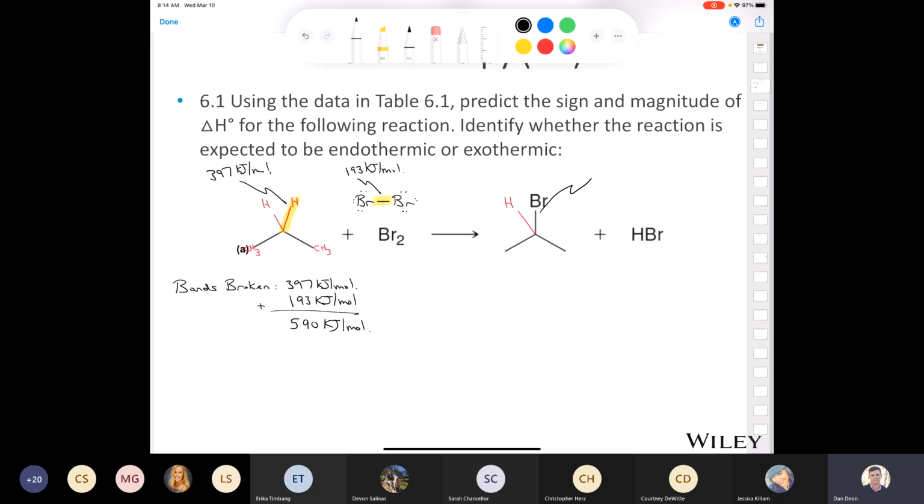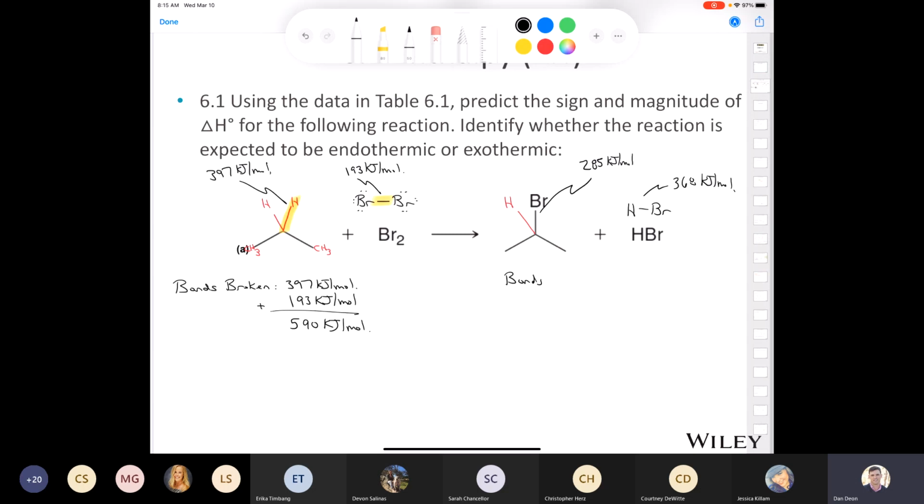It's 285 kilojoules per mole. And then the amount of energy required to break an HBr bond, which is also in the table, is 368 kilojoules per mole. Now, there's nobody who couldn't do this.